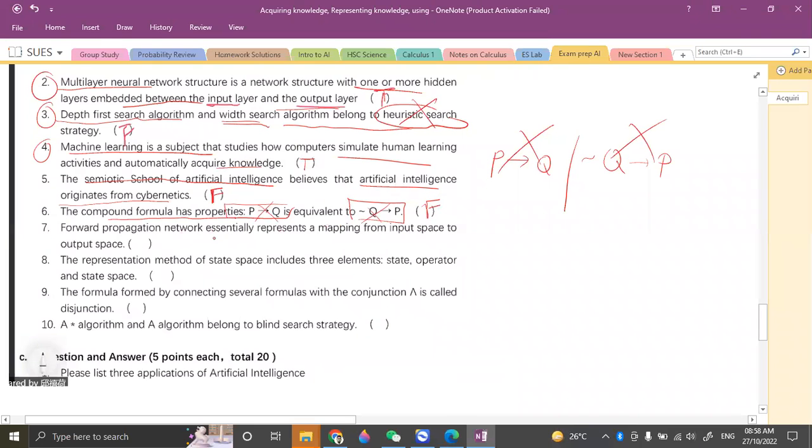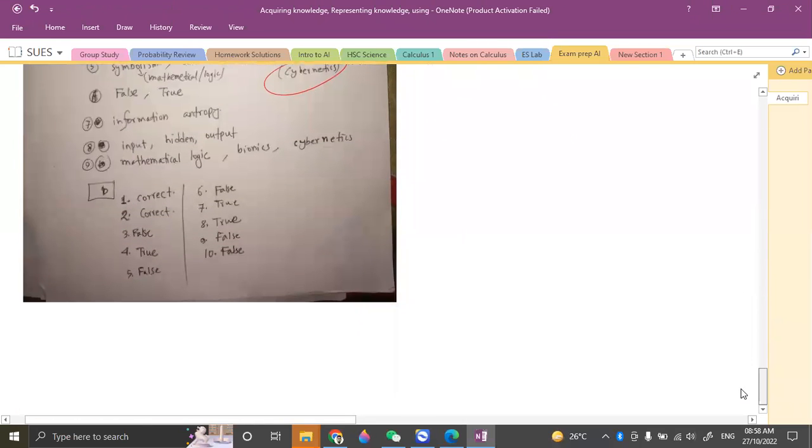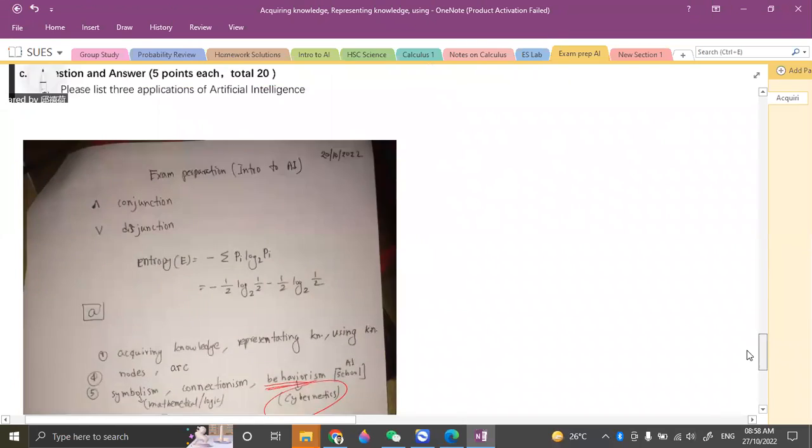Forward propagation network essentially represents a mapping from input space to output space. So it is true.